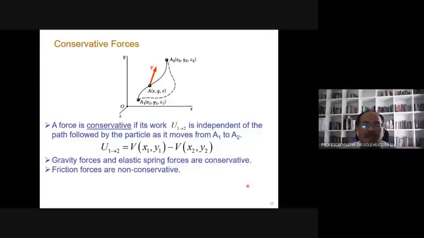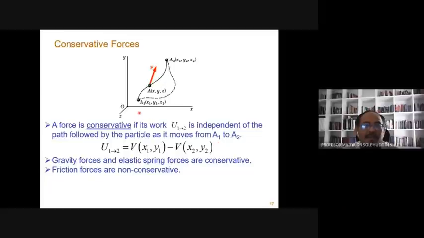Also, I discussed with you the concept of conservative forces. A force is conservative if its work, U1 to 2, is independent of the path followed by the particle as it moves from A1 to A2.